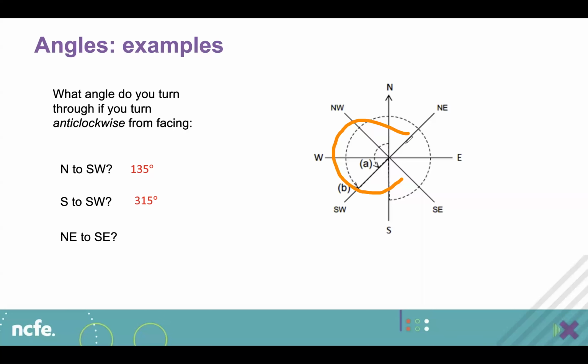So here to here is 180 degrees, and then southwest to southeast is 90 degrees. So 180 add 90 equals 270 degrees, guys. So the answer would be 270 degrees.